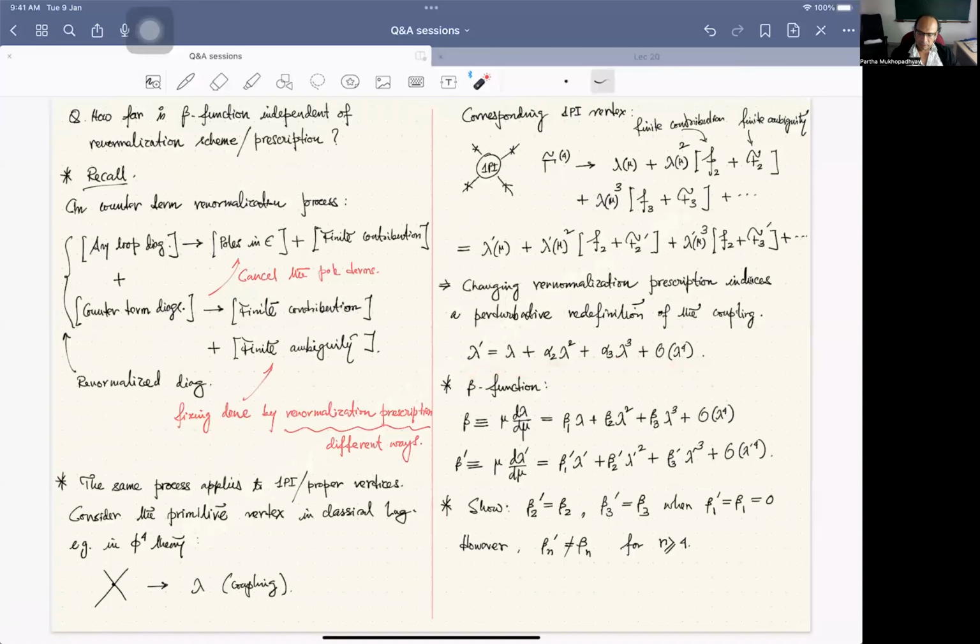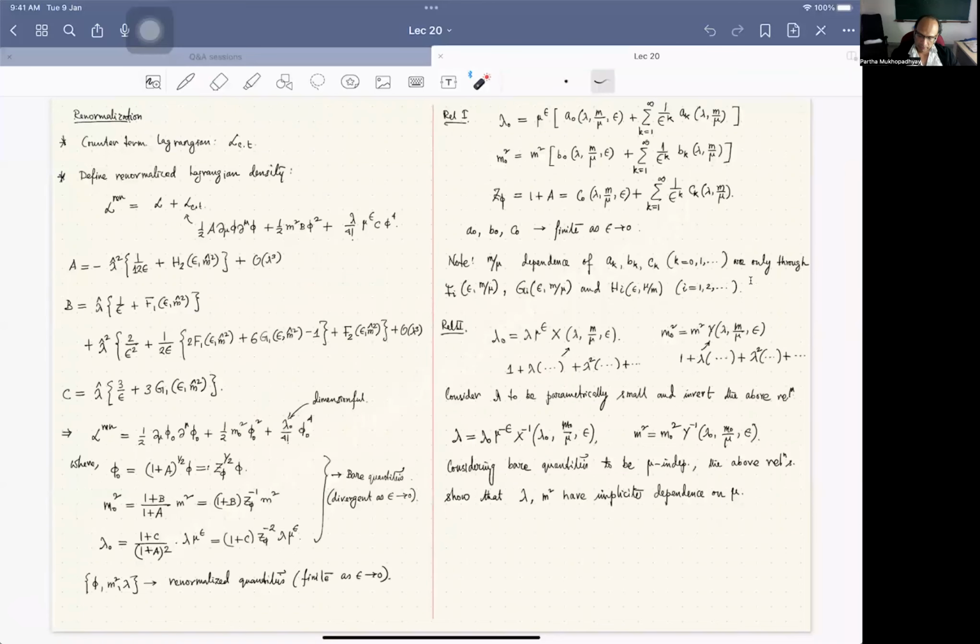For any other situation also, any other theory also, when the finite ambiguities change because of change in the renormalization prescription, you would get an equation like this. And the result will therefore hold as long as the beta function starts with lambda square. And let me now argue that that would be the case. How do we see that?